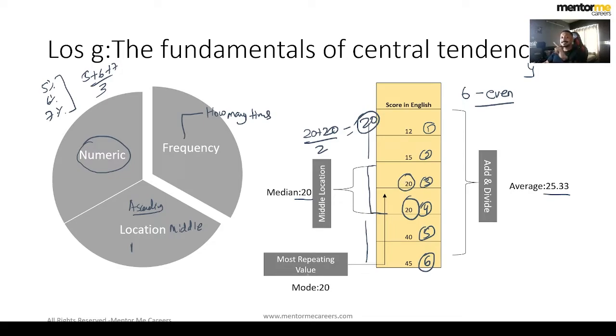It is not necessary that the data has to have only one mode. This is a unimodal scenario and there's only one mode, but there can be data points which are bimodal or trimodal or have many modes, right?